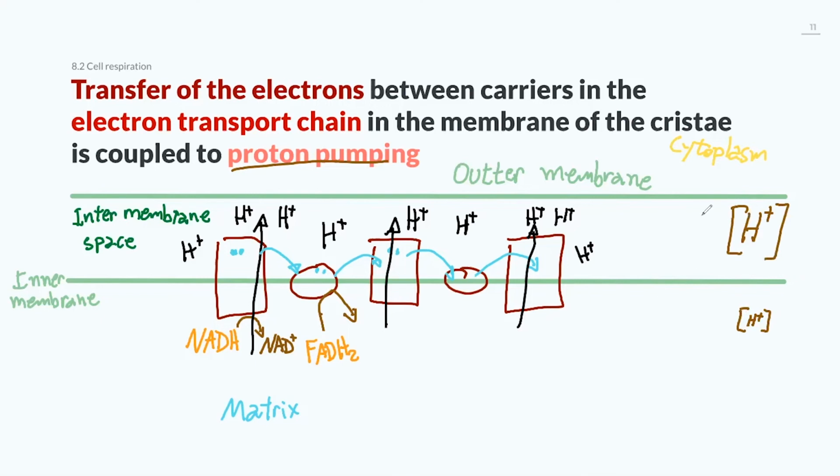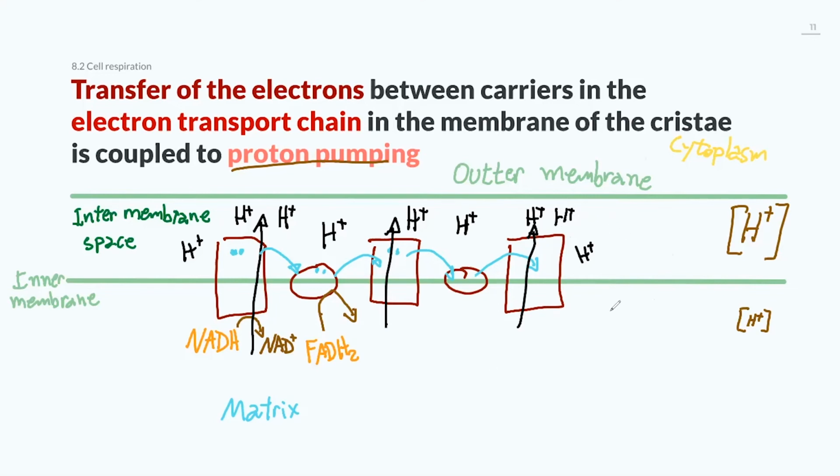So you have all these H pluses here that want, by diffusion, to go back into the matrix, because there are too many hydrogen ions in the intermembrane space. The concentration is too high. The number of positive charges is too high. So there's this electrochemical gradient across the inner membrane. There is this pressure to make the hydrogen come back.